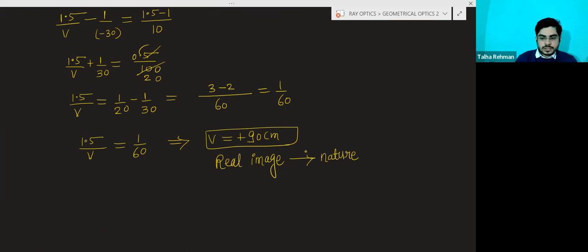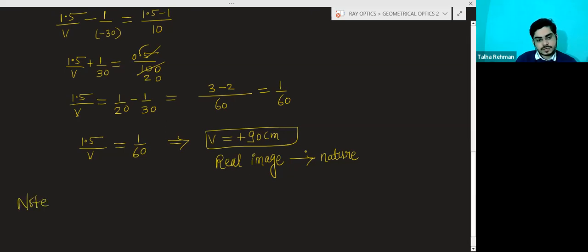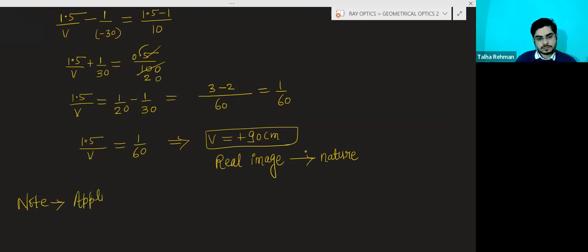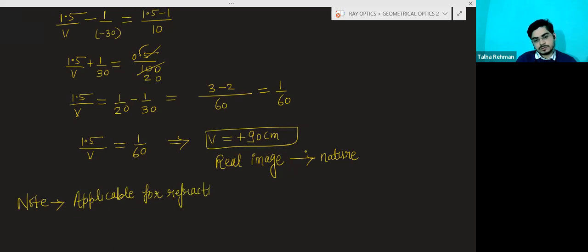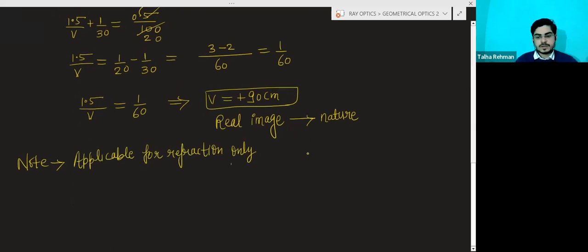There is one note point that I want to write here, and this is applicable only for spherical surfaces, and for refraction only. What is this?